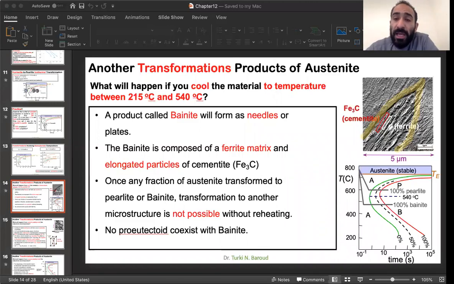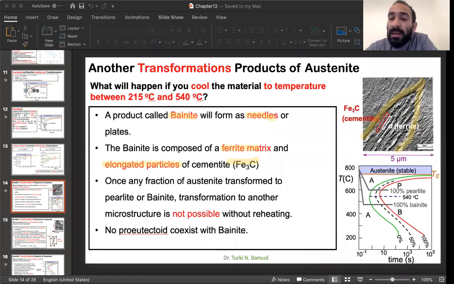So here we form another microstructure. It's called bainite microstructure, and it has needles or plates. So you have ferrite existing as a matrix, and iron carbide existing as elongated particles, as you can see here. So this is the iron carbide as elongated particles in the matrix.